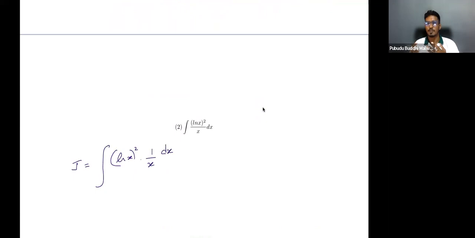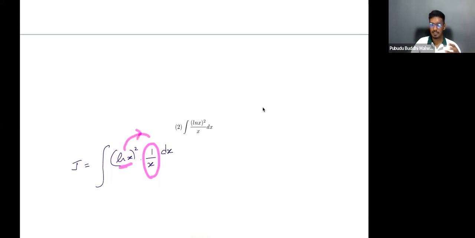Always try to express these integrals as a product. That way you can see things clearly. Right? Now again, observe this 1 over x part. That's the derivative of natural log of x.